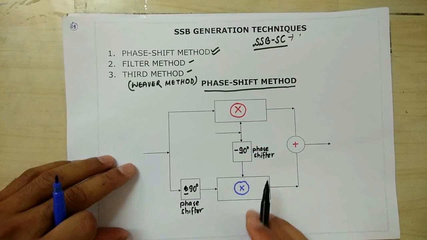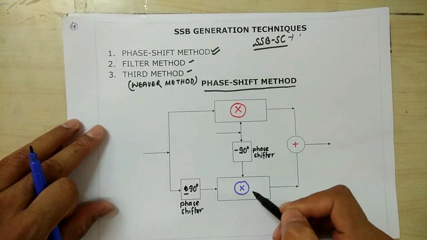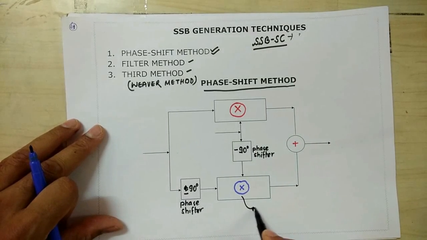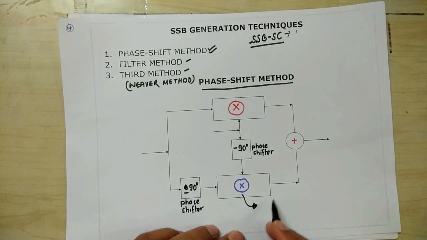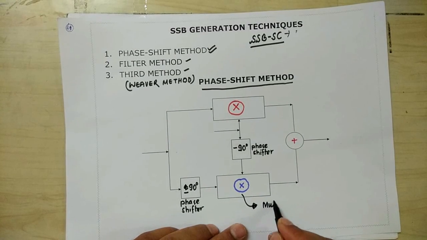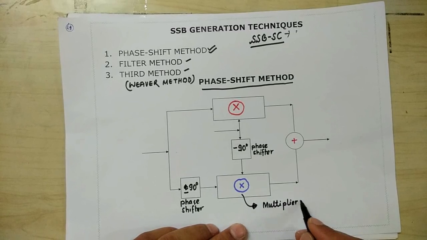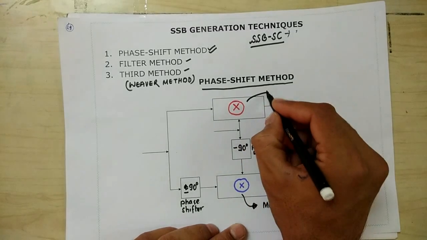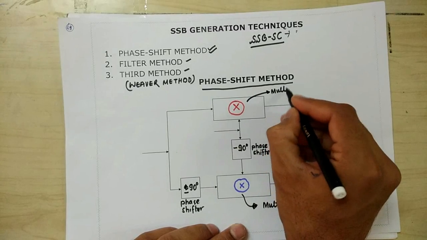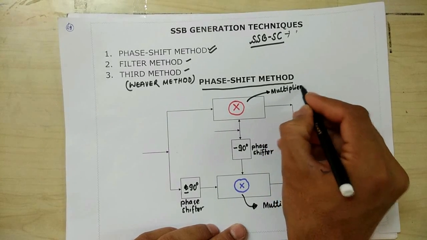If you see this, there are two multipliers we have used. This is multiplier 2 and this is multiplier 1.